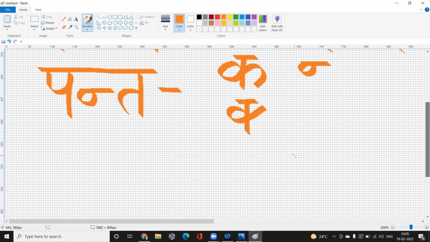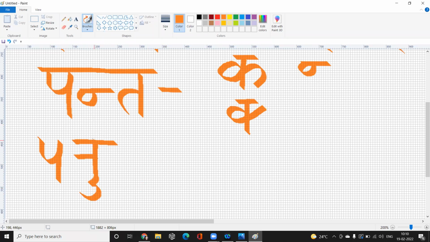But in the case of Shaada Lipi, we do not write half letters. So what we do is we write Pa, then we have N. I will write the complete N here, and the letter following the half letter is written below it.